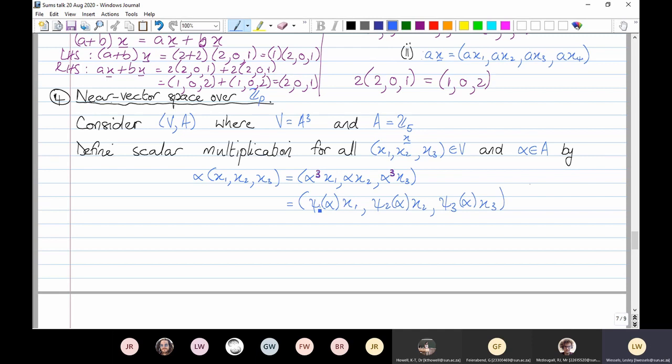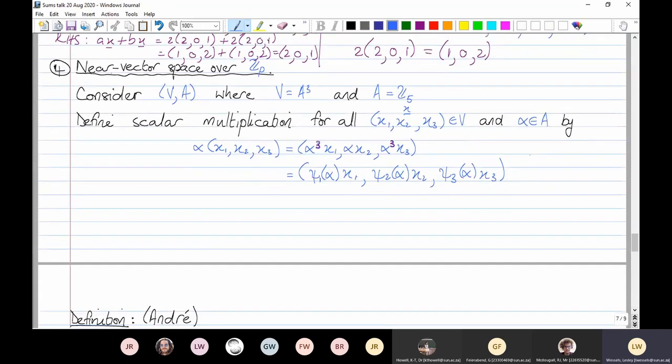In this case, psi 1 and psi 3 are the same, I'm raising it to the power 3, and my psi 2 is the identity automorphism. You'll probably wonder why particularly 3, and I'll answer that after I've given the definition of a vector space, if I have time.